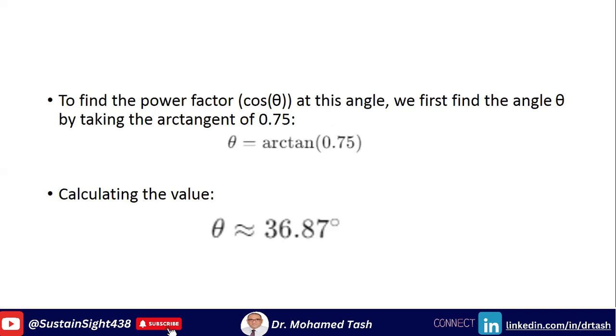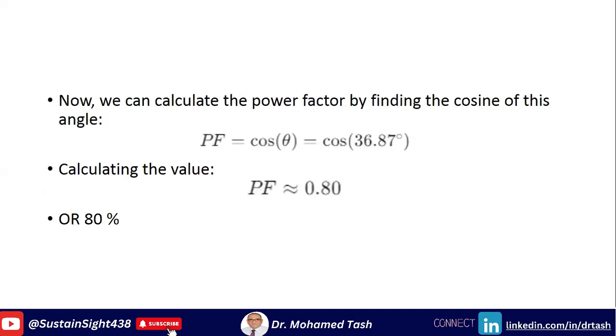And to find the power factor, cosine theta, at this angle, we first need to find the angle theta by taking the arctangent of 0.75. When we calculate this value, we will find that theta is equal to 36.87 degrees.